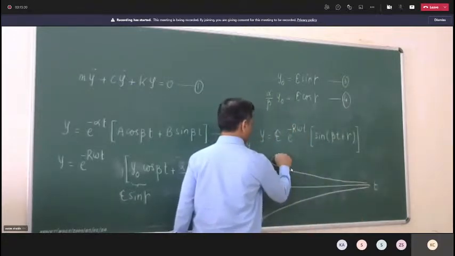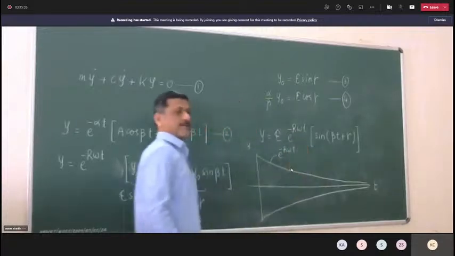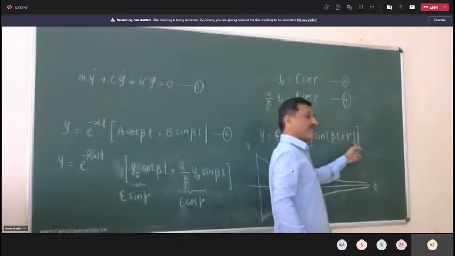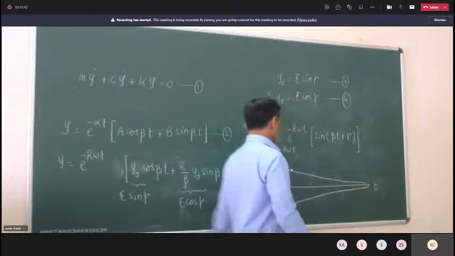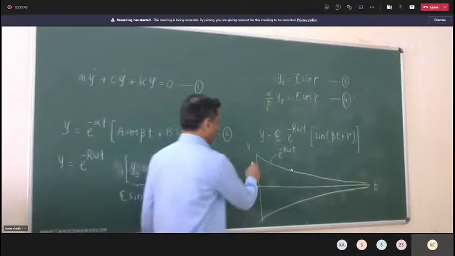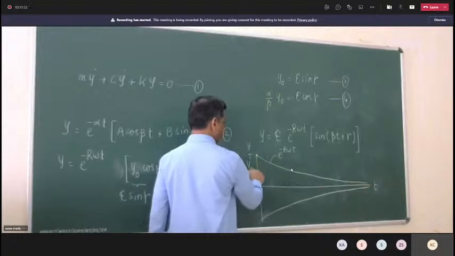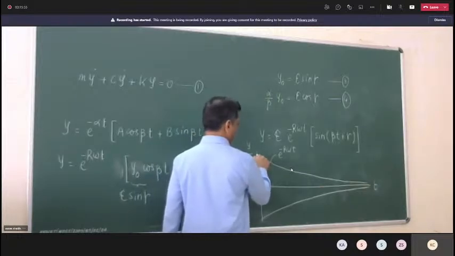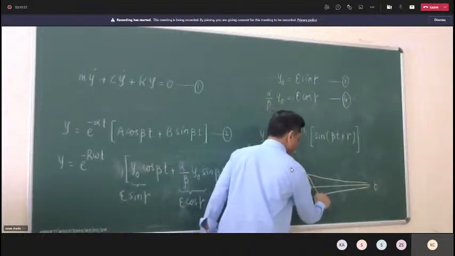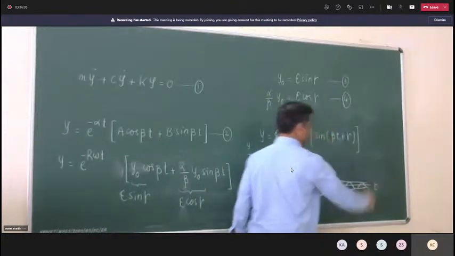So this is my graph of e raised to minus zeta omega t. Within these boundaries, you plot the graph of sine theta. Right? And that graph at t is equal to 0, my y is y0. Do you agree? So my sine curve is going to be like this.